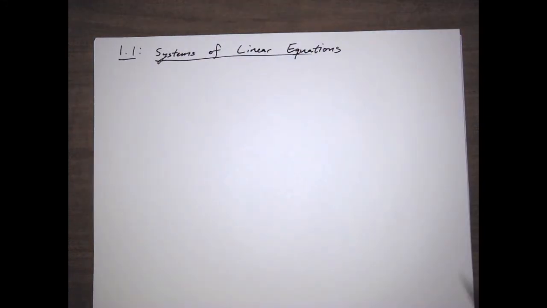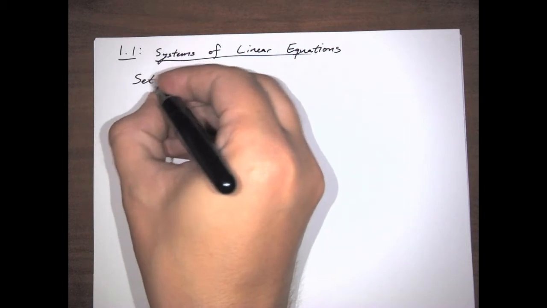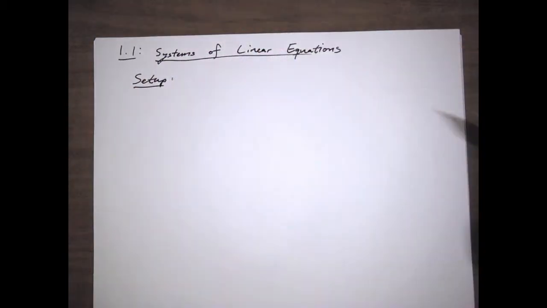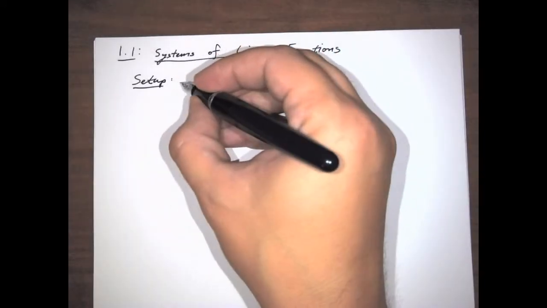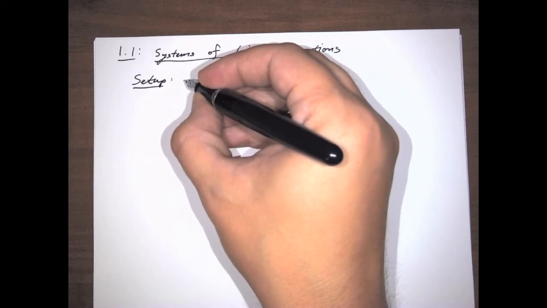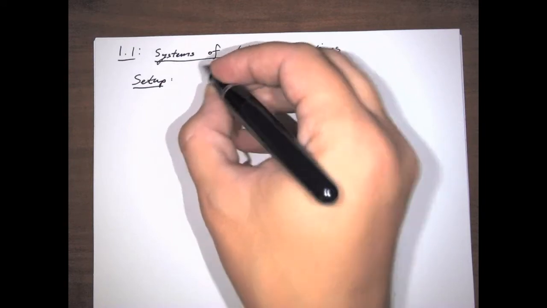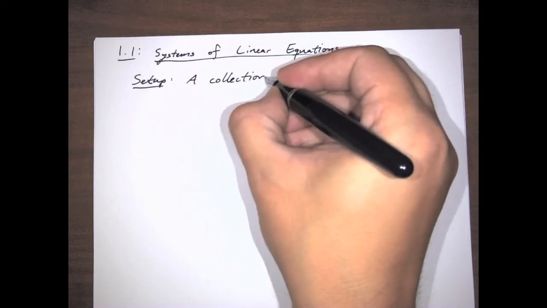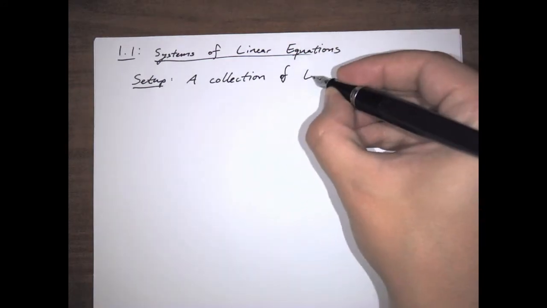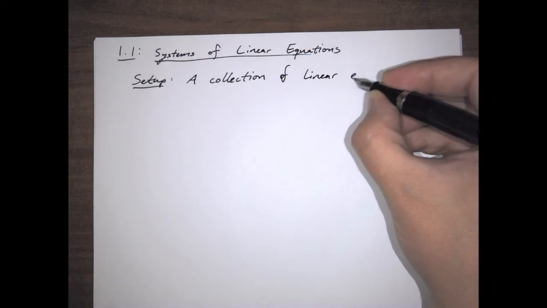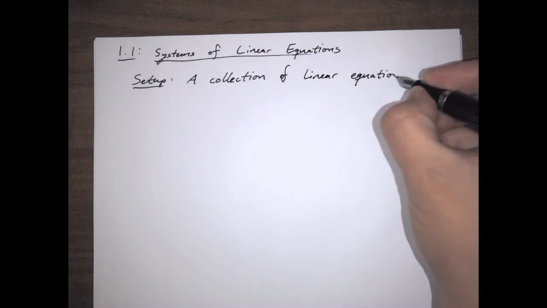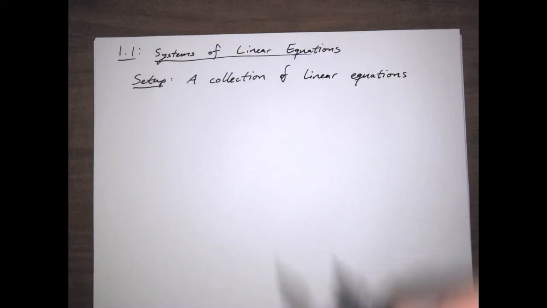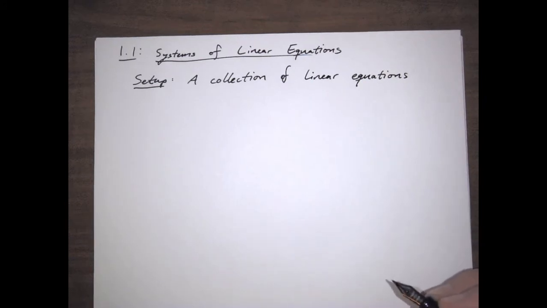Alright, so here is the setup. We will have a collection of linear equations, and those will be equations in several variables, and those variables will all be shared by all of the equations. What I mean by linear is that the equations involve only variables multiplied by coefficients added together.